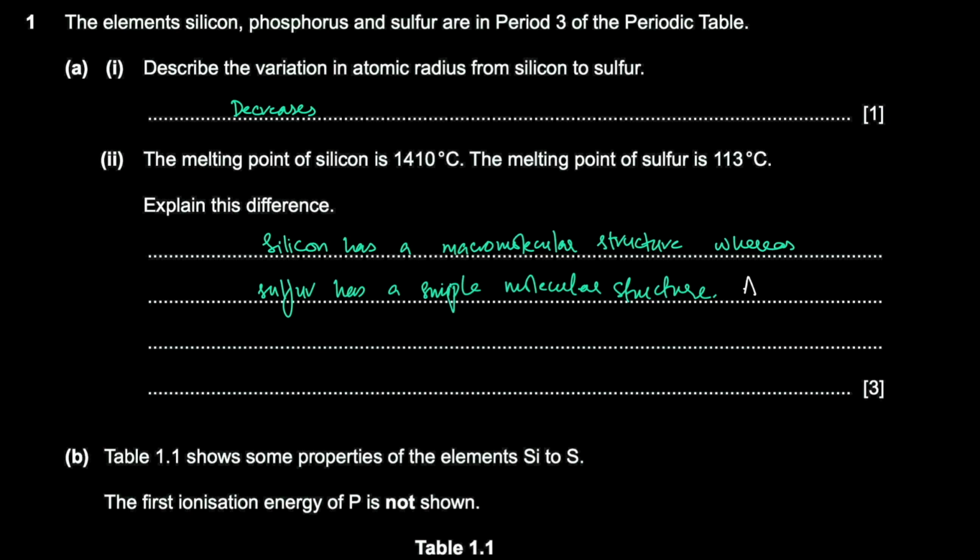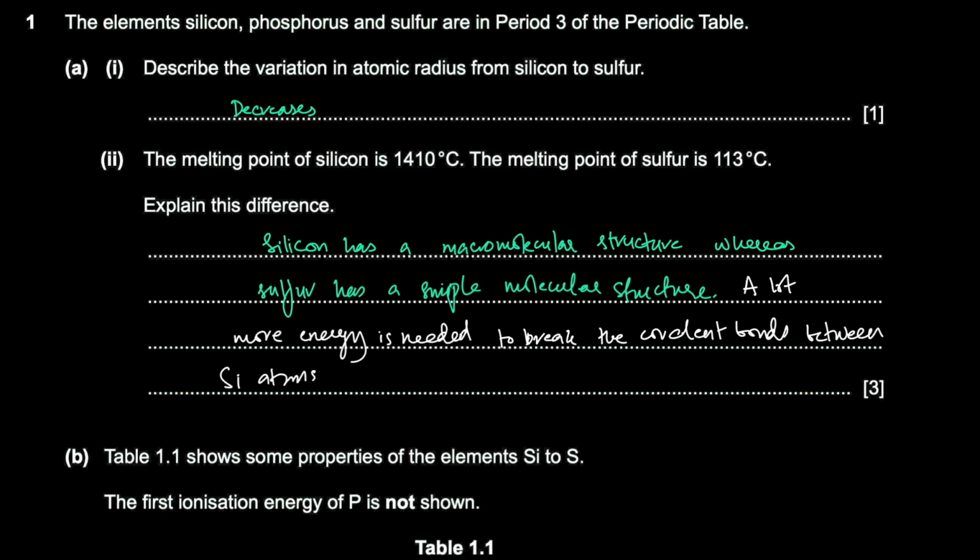You would also say that a lot more energy is needed to break the covalent bonds between silicon atoms than the van der Waals forces or intermolecular forces between sulfur molecules, right? Because sulfur has a simple molecular structure, the molecules are held by weak van der Waals forces, okay, or weak intermolecular forces.